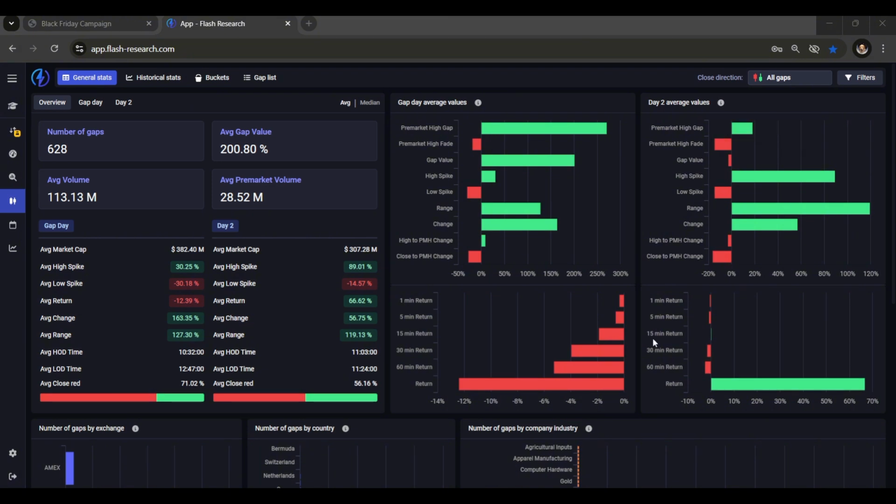Yeah, that's what he was talking about. This is basically the average 15-minute return, like on average a 15-minute candle closes at, in this case, minus 1.89%, and the same for all the time frames.